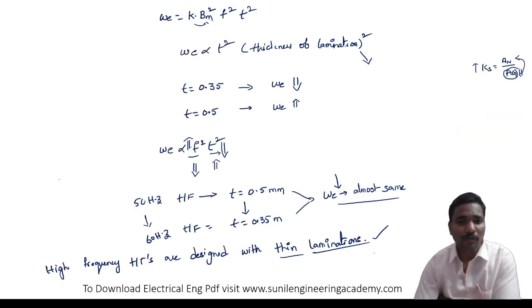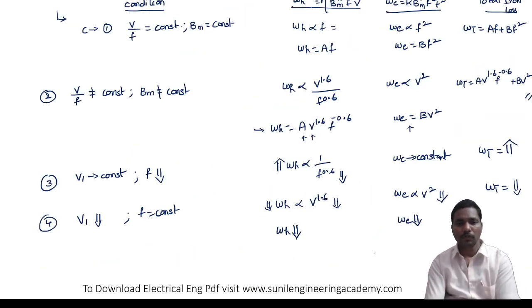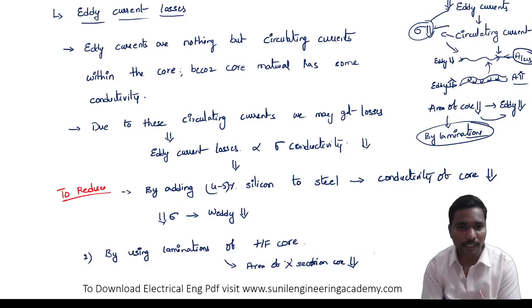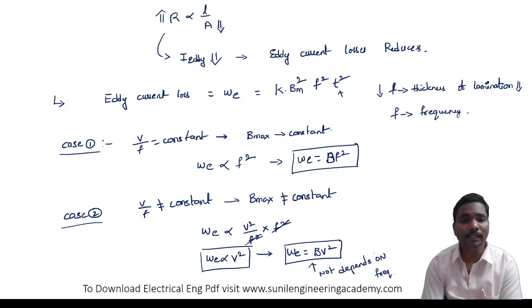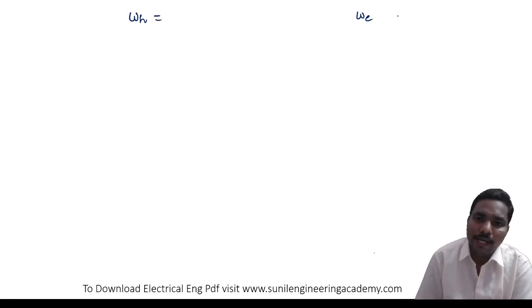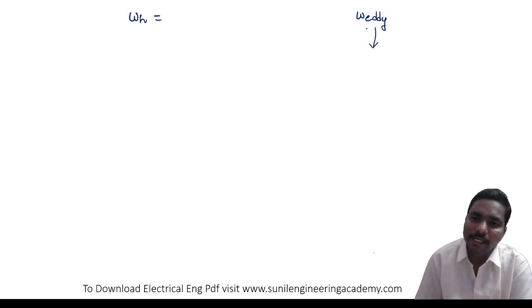Okay, students, I want to summarize all this. We have hysteresis and eddy current losses, and many students are confused about the formulas. I have a small trick to remember: in eddy, it is D into D square.